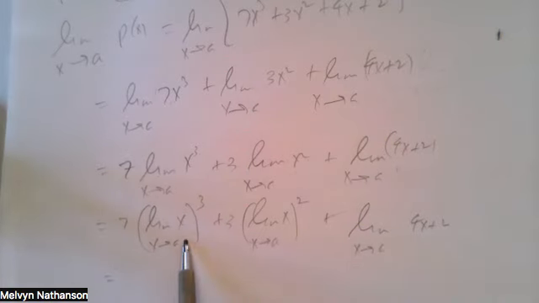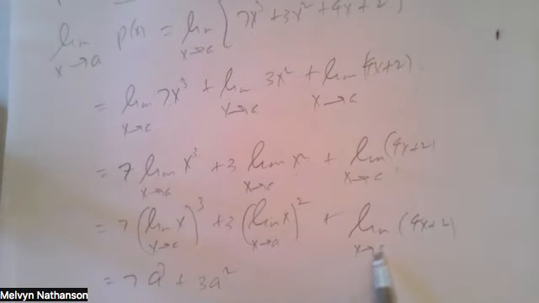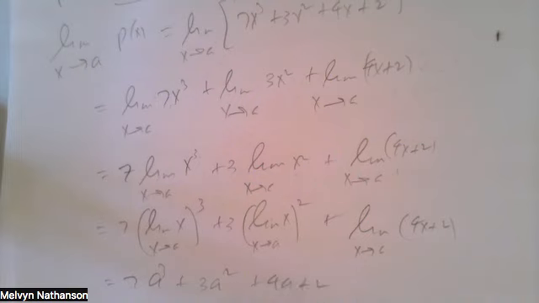And the limit as x approaches a of x is just a, so this is 7a cubed. The limit as x approaches a of x is a, so this is 3a squared. And for a linear function, we already saw the limit as x approaches a is 4a plus 2.